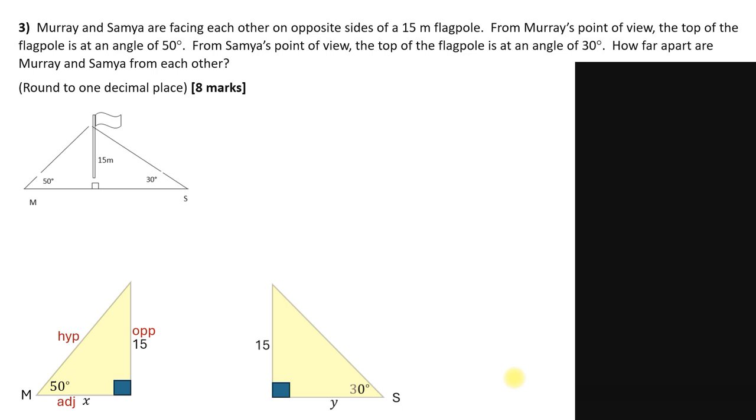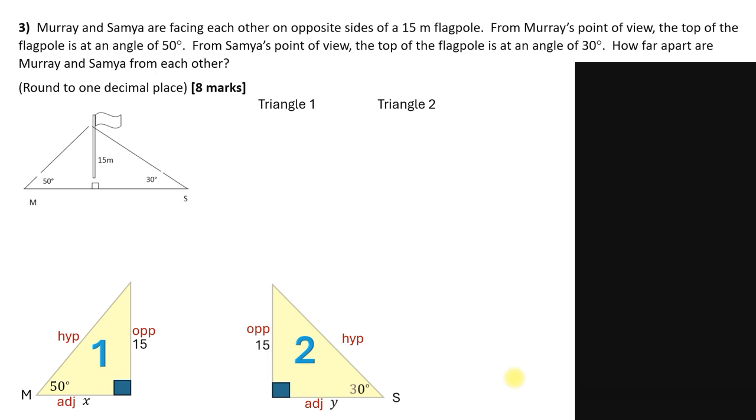These represent the distance that both of them are from the flagpole. There's the labels for Samia's triangle. Let's give them numbers just to keep track of what triangle we're dealing with. And we'll put our equations up here.